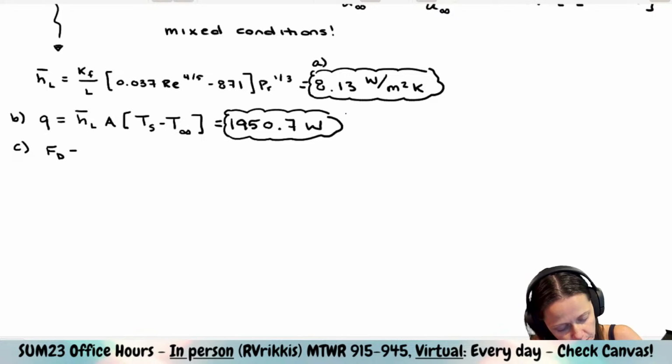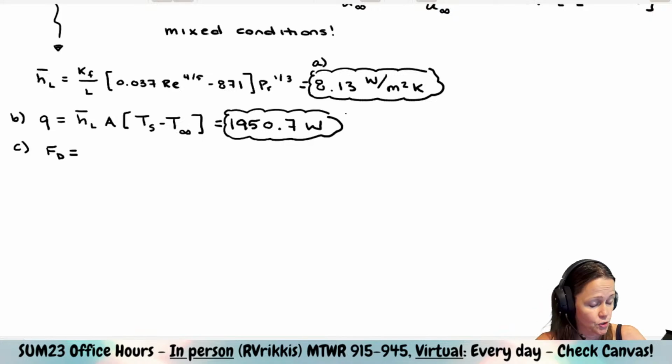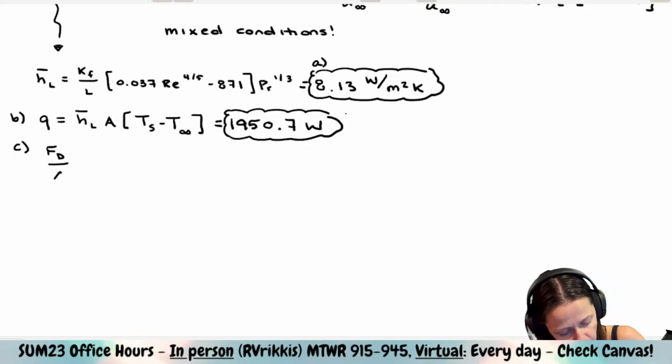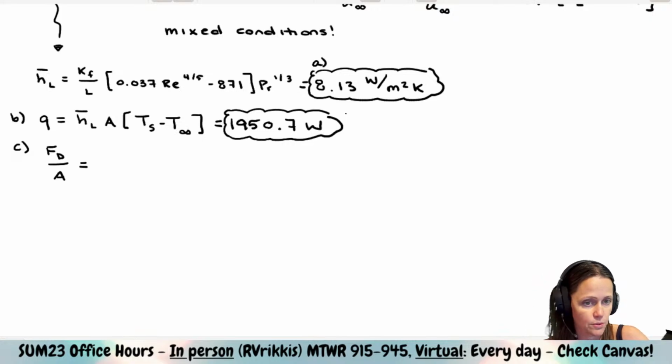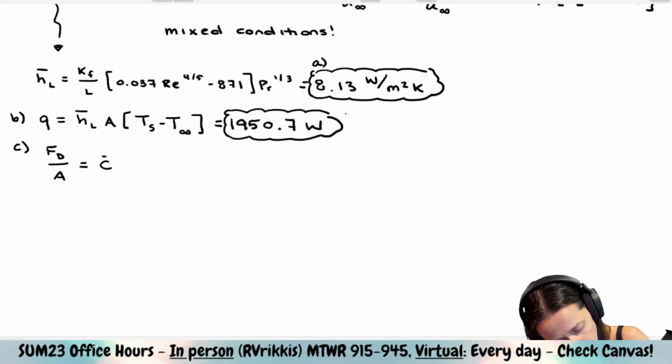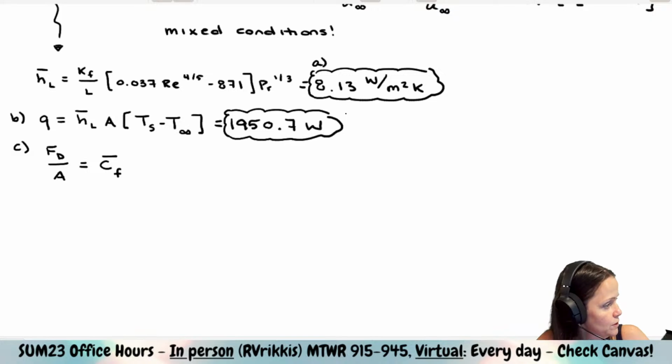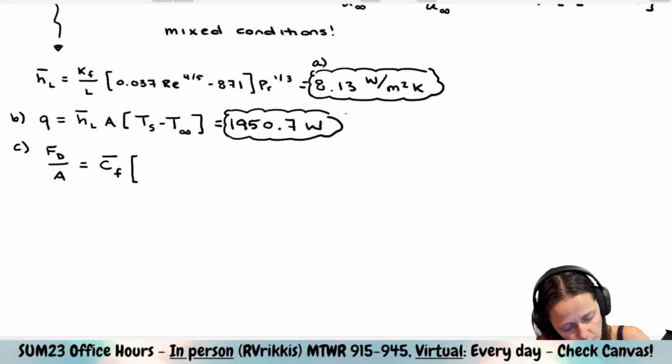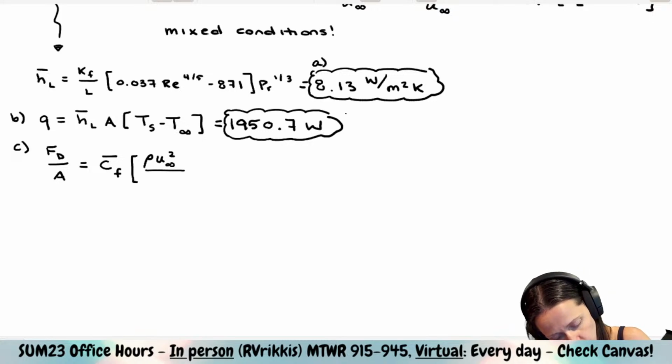So drag force over area is equal to the average friction coefficient times rho times U infinity squared over 2.